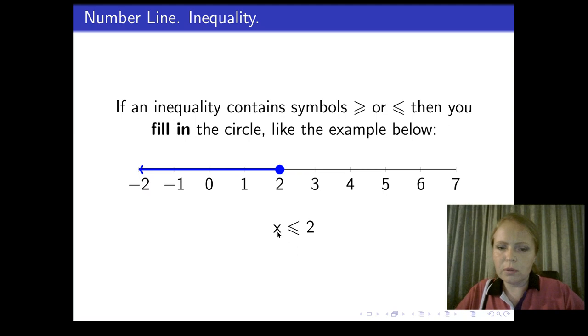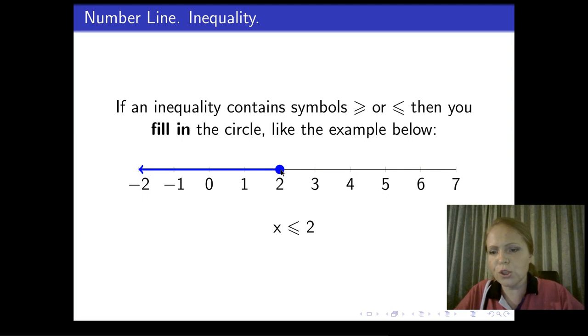For example, x is less than or equal to 2. If your inequality contains these 2 signs, greater than or equal to, less than or equal to, when you show your number on the number line, in this case number 2, you have to fill in this circle.